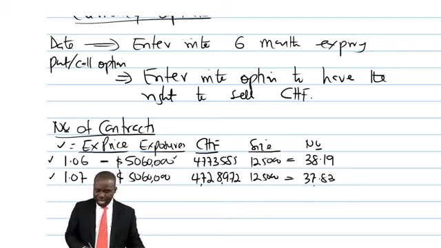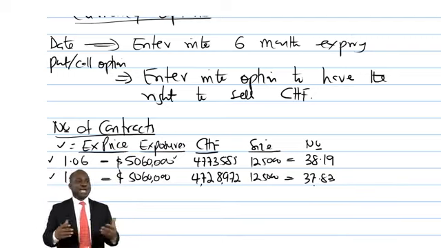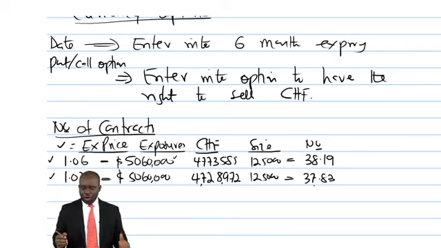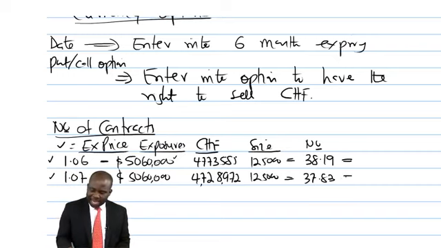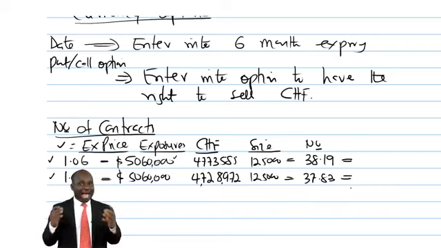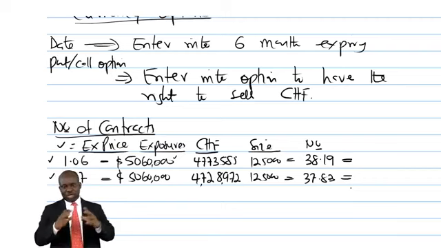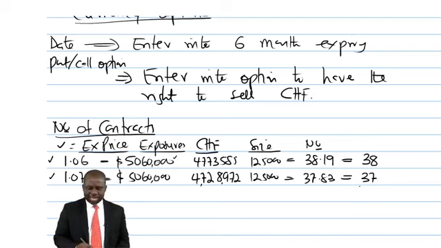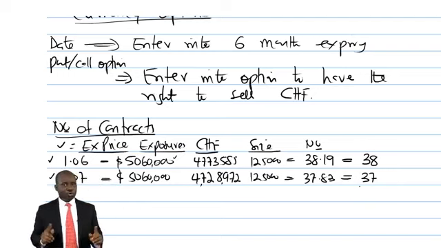Okay, futures options are supposed to be standardized. You cannot actually enter into a fraction. It should be a whole number. I normally encourage students to always under hedge. It makes the calculation very easy. So here I will say I will enter into 38 and there I will enter into 37 because I want to under hedge.